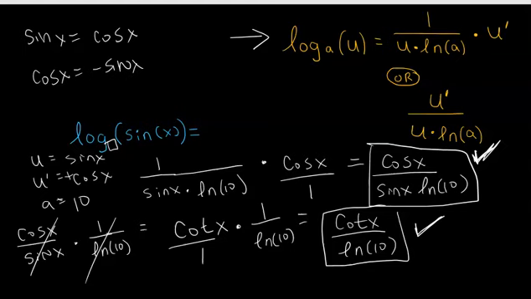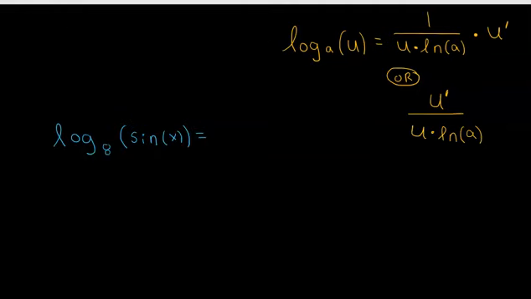I want to go over one more that gives you a little bit more clarity. I hope you solidify this formula. Here I have log, and then I have 8 in the subscript, right? It's pretty much the same thing we just worked on. Instead of an invisible 10, I have an 8. So let's work on this problem. We're going to do our bookkeeping.